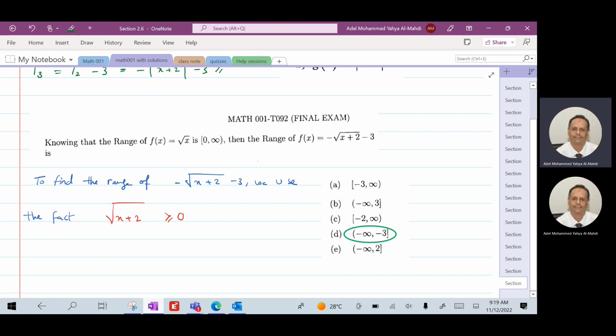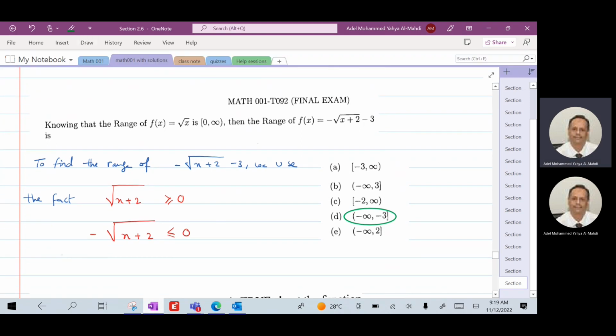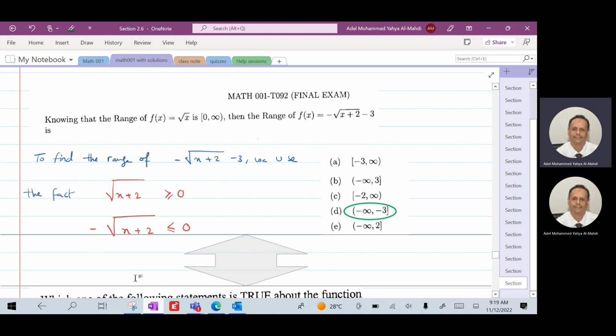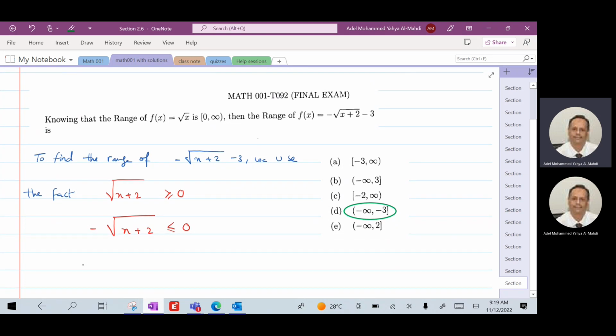Now we multiply this root by minus 1, and we switch the direction of the inequality. Now we add minus 3, subtracting 3 from both sides of the inequality. When you do that, you get your function and then your range.